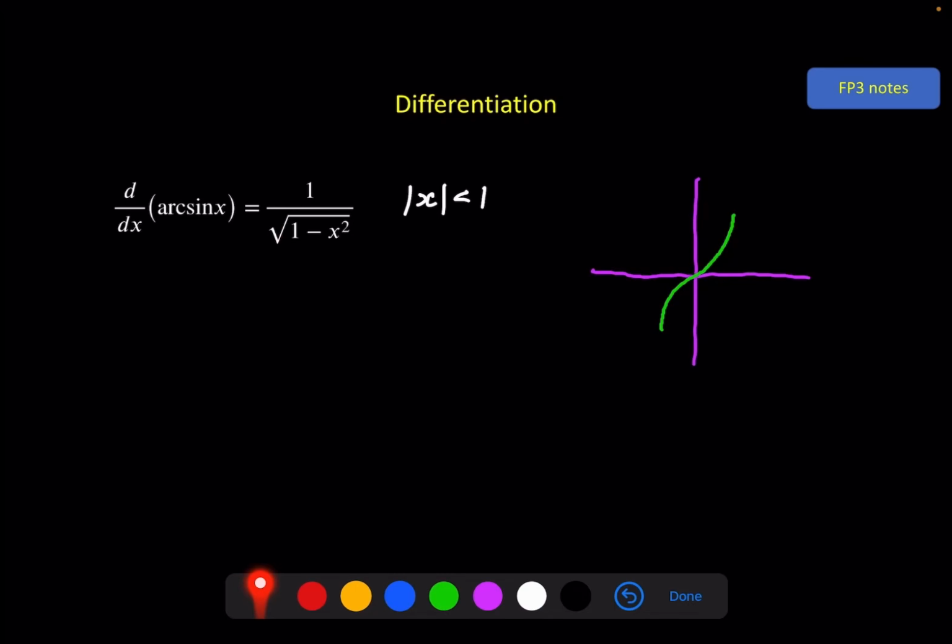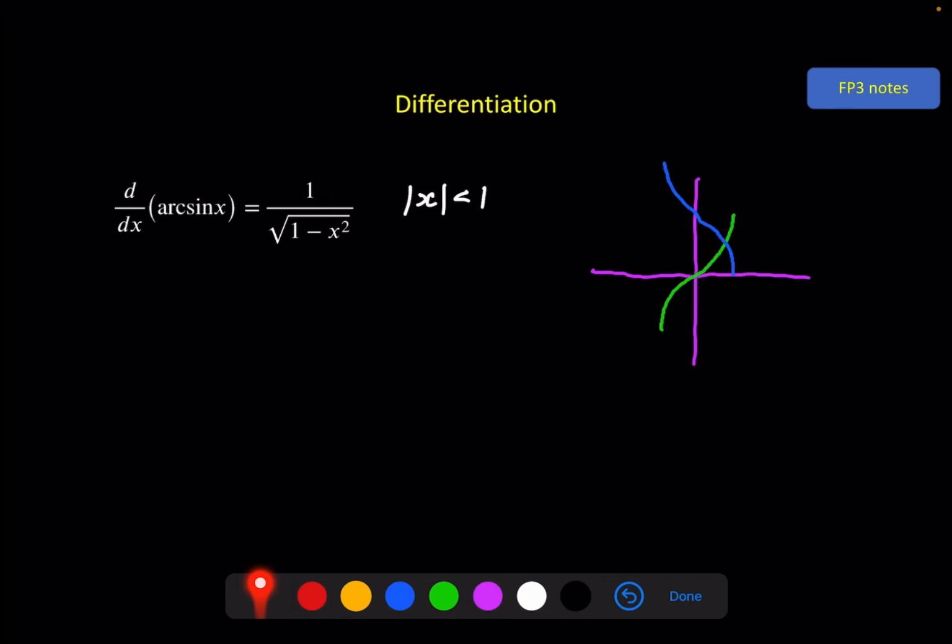And because of the symmetry, my drawing here is going to be even worse. Try and get this vaguely symmetrical. The arc cosine, so you can see as you go along these, because of the symmetry, the magnitude of the gradient at any given x value is the same, but the sign is the opposite.